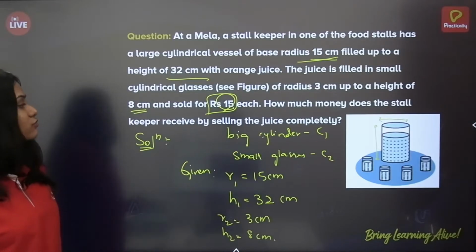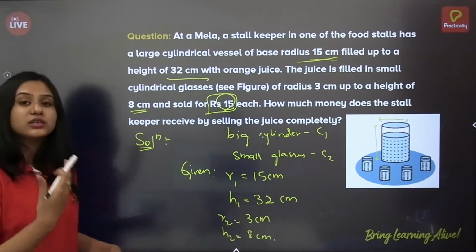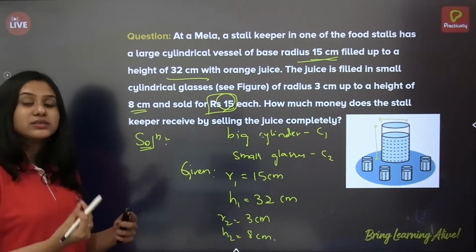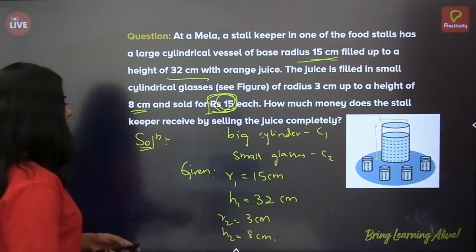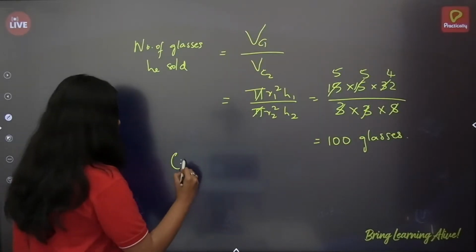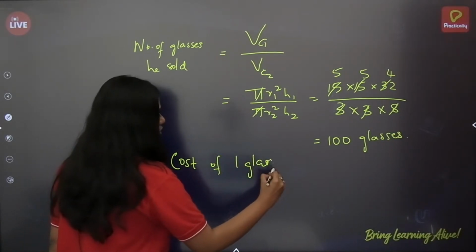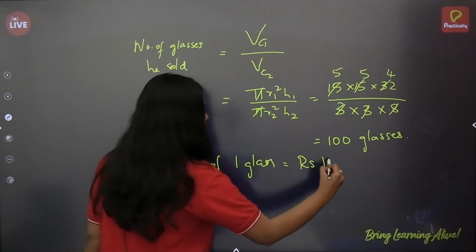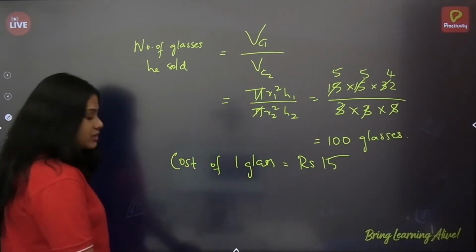But what do we have to find? How much money does he receive by selling the juice completely? That is by selling 100 glasses completely. One glass is 15 rupees. So, cost of one glass is rupees 15. What will be the cost of 100 glasses?